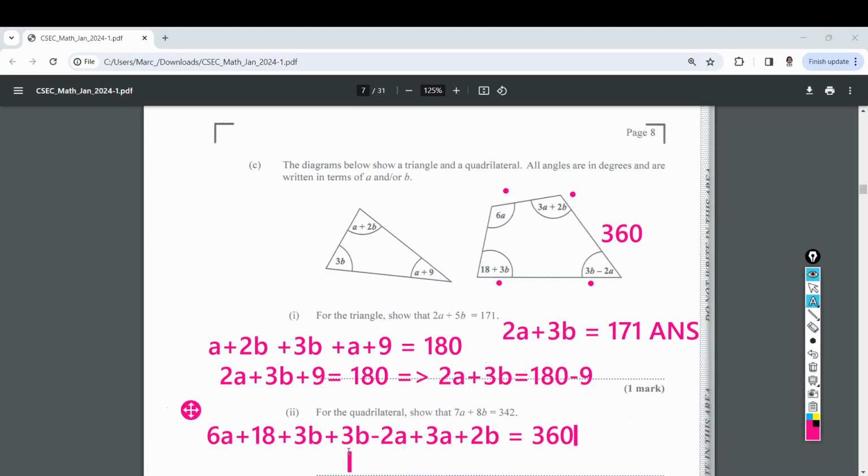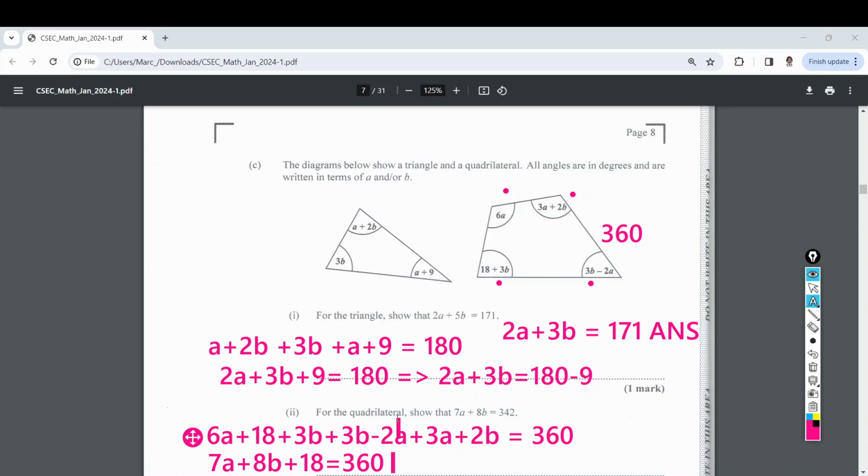So we're gonna get 7a, same 7a. And in the b's now, when you add the b's, 3b plus 3b is 6b plus 2b. You're gonna get plus 8b plus 18 is equal to 360.